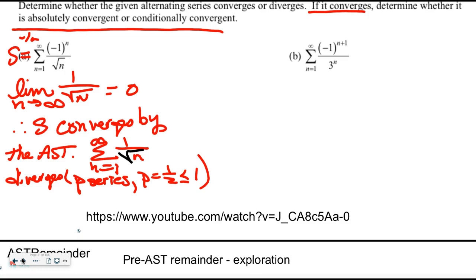But, so absolutely or conditionally? Therefore, it is conditionally. Now, this one I did as if I'm trying to earn full points in college credits off my AP exams. Conditionally convergent. You guys go ahead and write it. But let's assume B was multiple choice. And the options were: diverges by the nth term test, converges absolutely by the AST, converges conditionally by the AST, or not enough information.